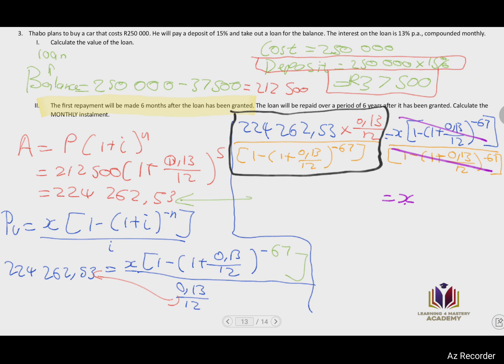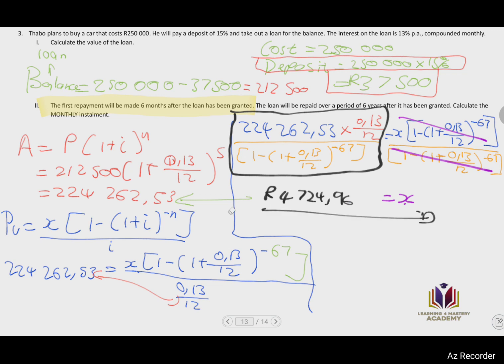And then we're going to do exactly that. I'm trying to type as quick as I can. There we go, to the power of negative 67. It gives me R4,724.96. There's my answer.